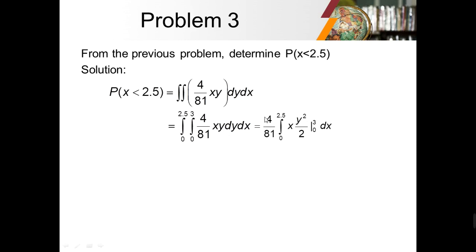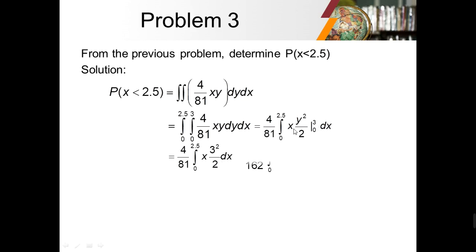Okay, so ito, si constant 4 over 81 na lang nilabas, si x ay naiwan, but then again, i-integrate mo lang is si y, kasi x is considered constant, so y squared over 2, then substitute the limits from 0 to 3. Okay, then, dito, we have x is equal to 3 squared over 2. Again, minus 0 ulit siya.